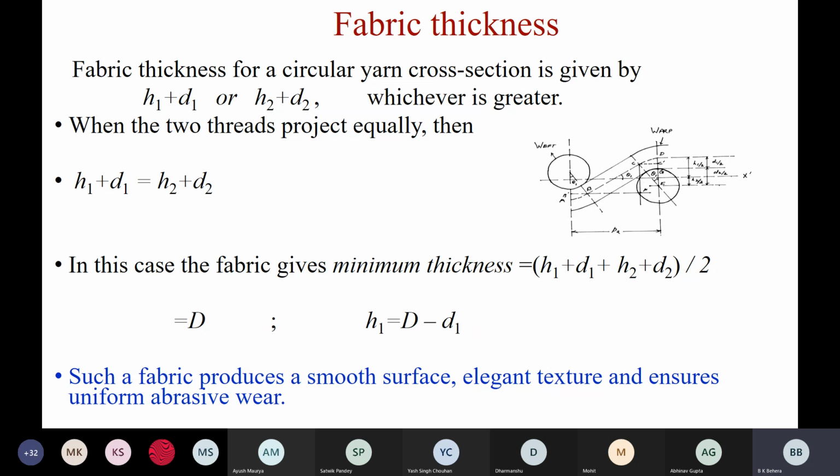That means in our fabric, at any point of location, how many yarns we can have? If you look in transverse direction, in thickness direction, it will be maximum one warp or one weft. We cannot have another weft over this weft, or we cannot have overlapping one yarn over the other yarn.